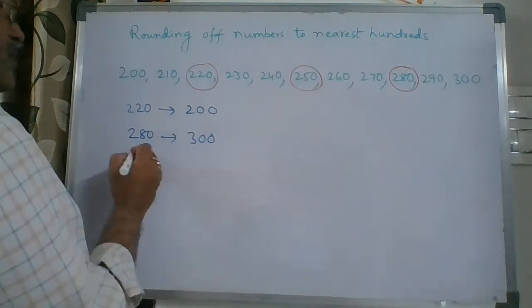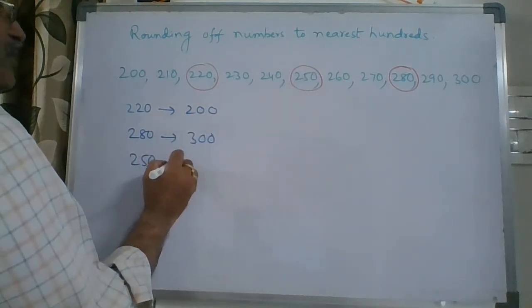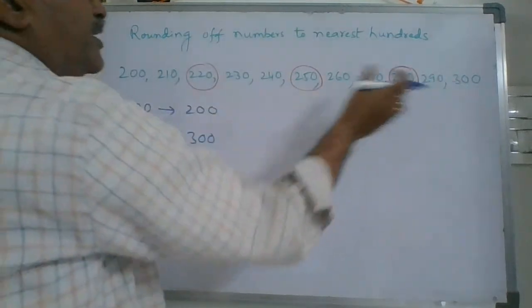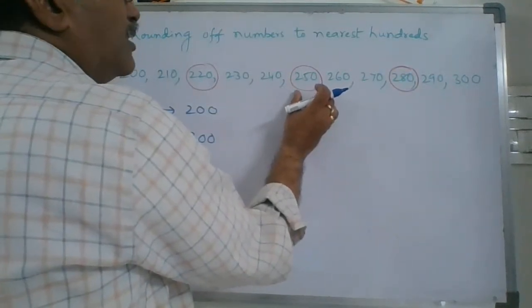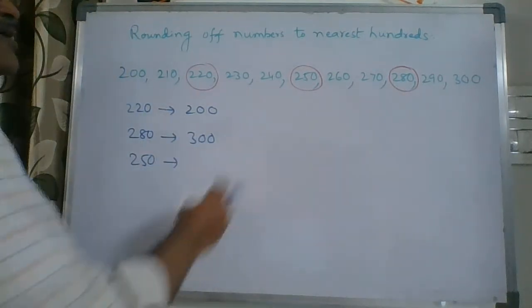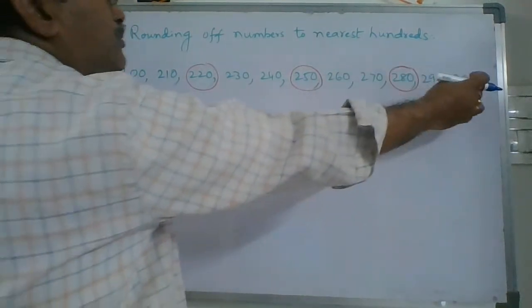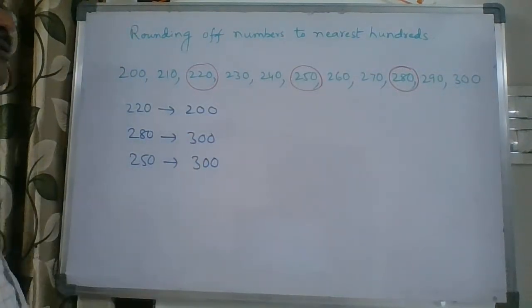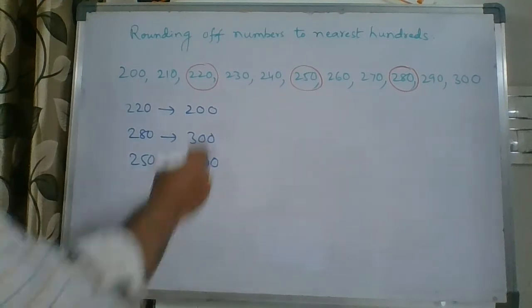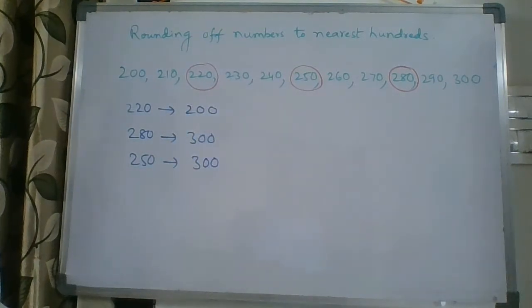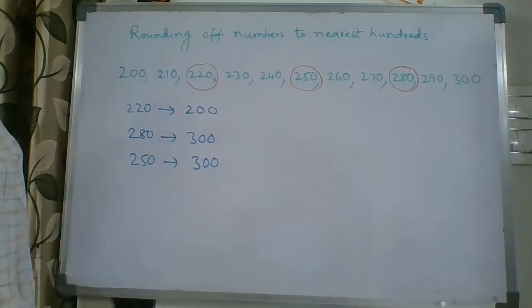What about 250? As we have done in tens, 250 is in between 200 and 300 and it is equidistant from these two numbers. Therefore 250 is rounded to the next right side number, it is 300. Understood? In the same way, we round off the numbers to the nearest thousands. When we do exercise 1.2, we'll know.